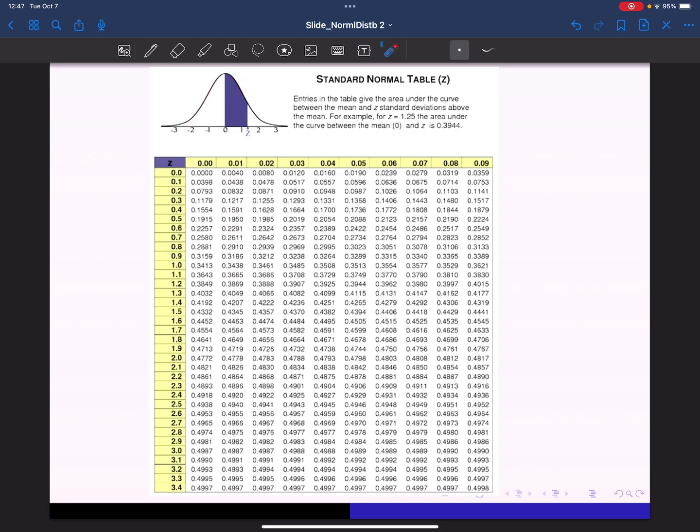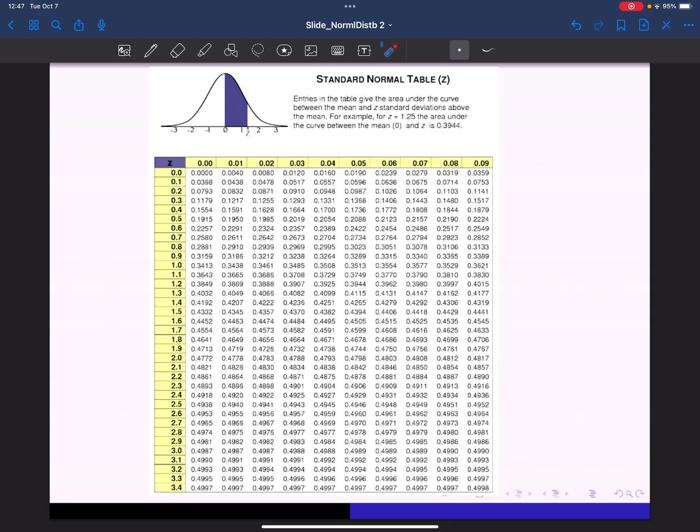Okay, if I have a z-score of 1.25, how do I use the table? Here is z-score 1.1. We need to go to 1.2, and then the next digit, we look at those values. So if we want 1.21, I'm adding 1 as the next digit to this 1.2.